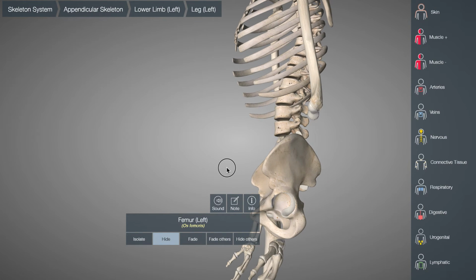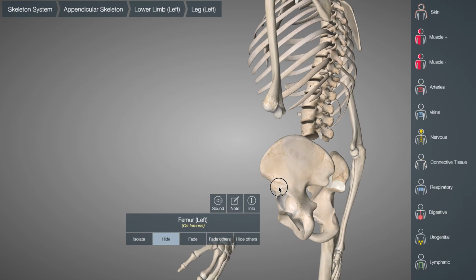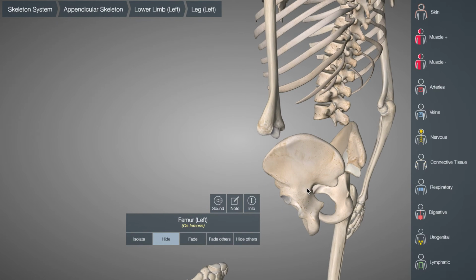We have, okay, this part right over here. This notch right over here, that's called the greater sciatic notch. All right, so we have a greater one, and then we also have a lesser one right over here. And what separates that is this right over here, that's called the ischial spine.